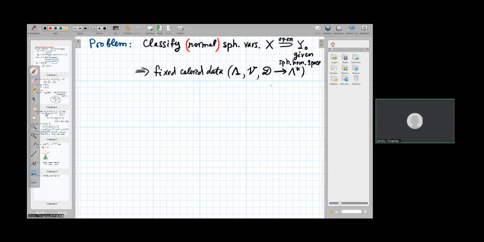So this triple, or maybe quadruple, if you also consider this map as an element of the data, will be denoted by dropping the subscript x, because for all x under consideration, the color data will be the same. So I just drop the subscript, which I have written before. I just write lambda instead of lambda x, v instead of v sub x, and d instead of d sub x. Okay?